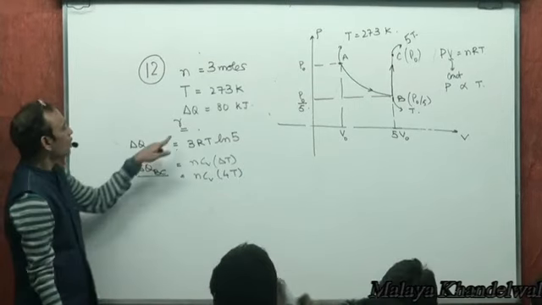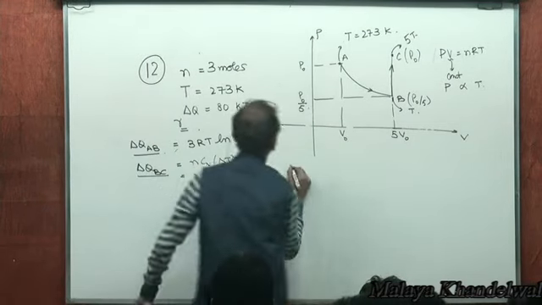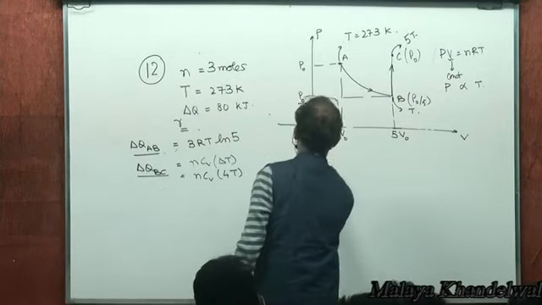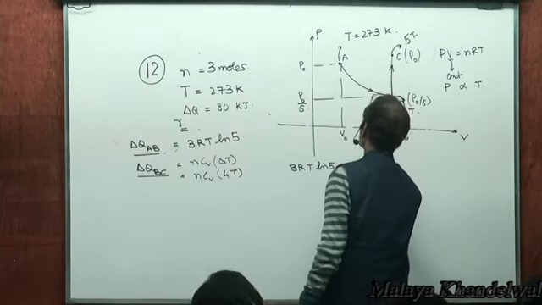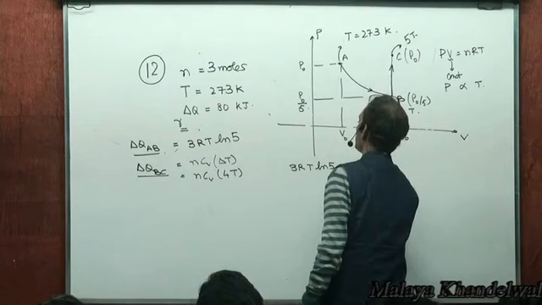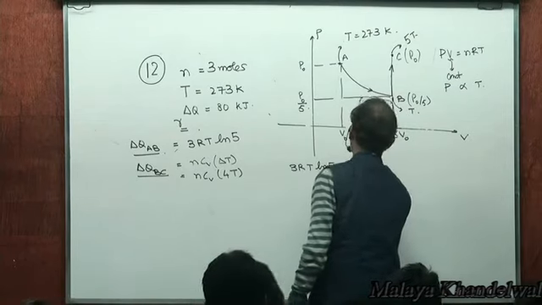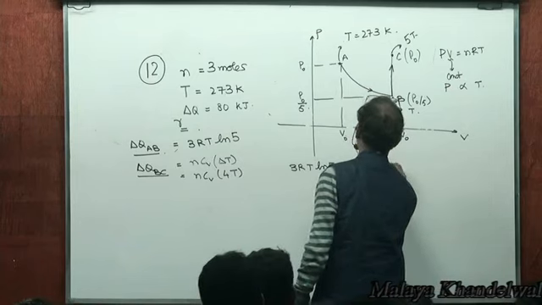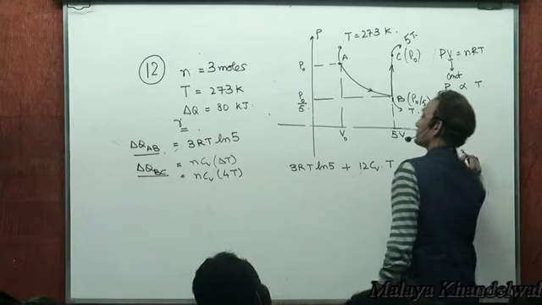Now if I add all of this, 3 RT log 5, heat supplied in AB, plus heat supplied in BC, which is, n is 3, 12 CvT, that turns out to be 80 into 10 to the power 3.